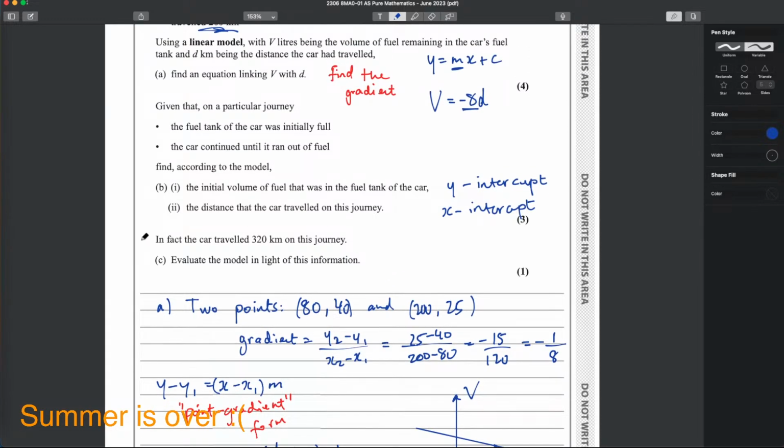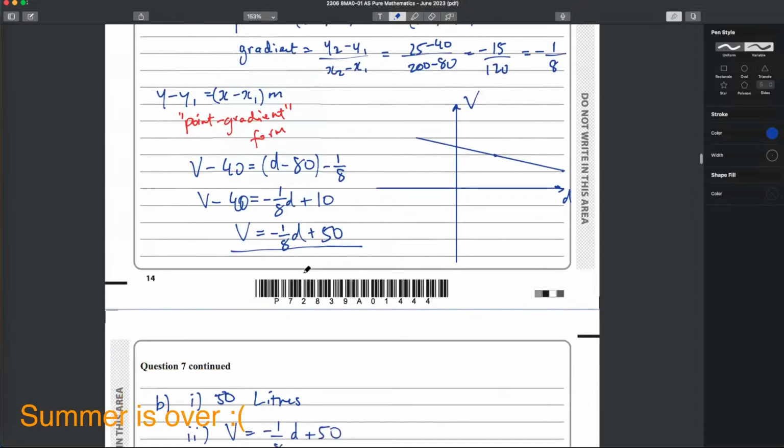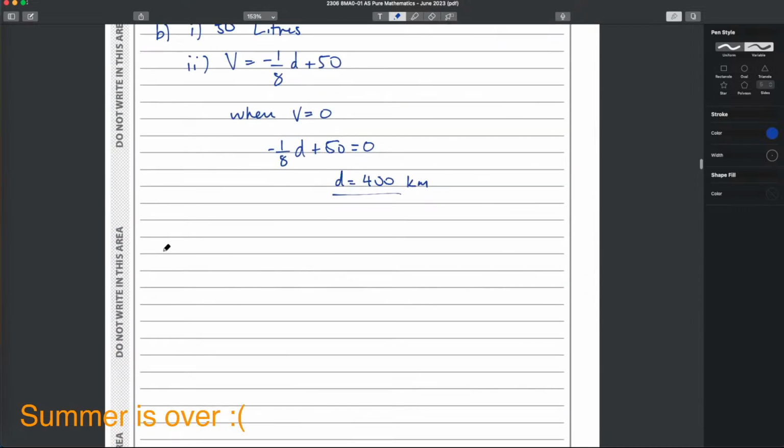Okay. Part C. In fact, the car traveled 320 kilometers. Evaluate the model in light of this information. Well, the model is more optimistic than reality.